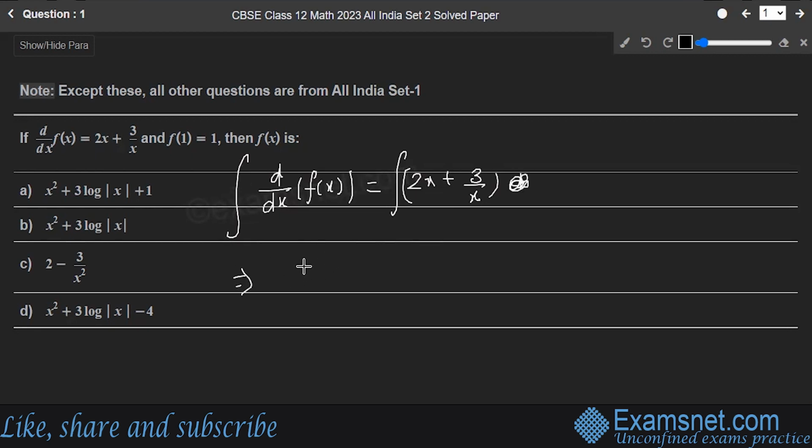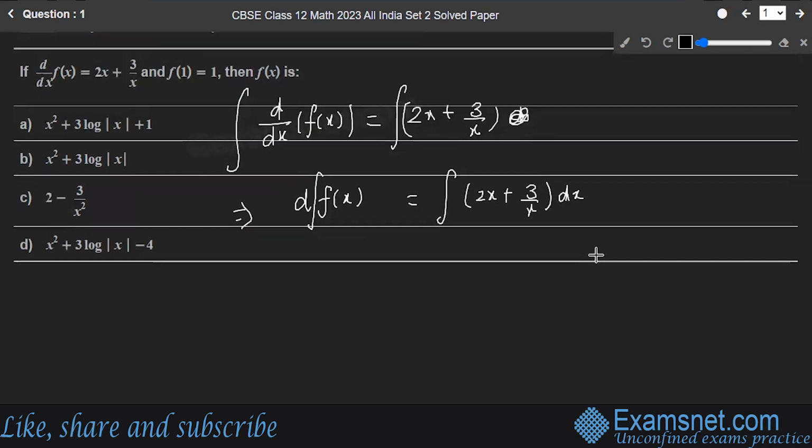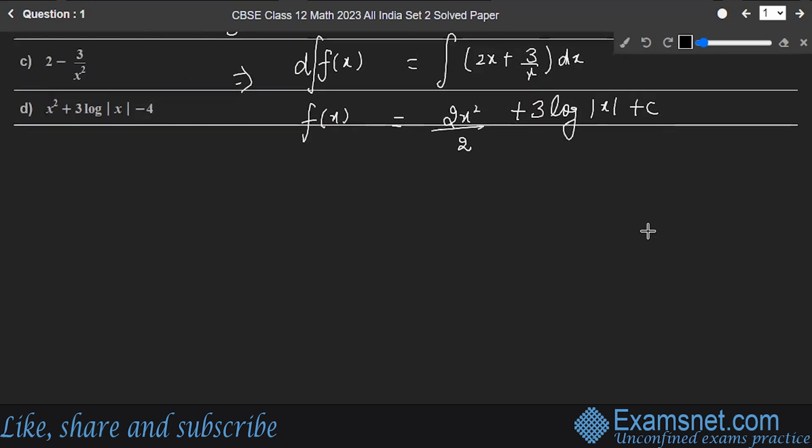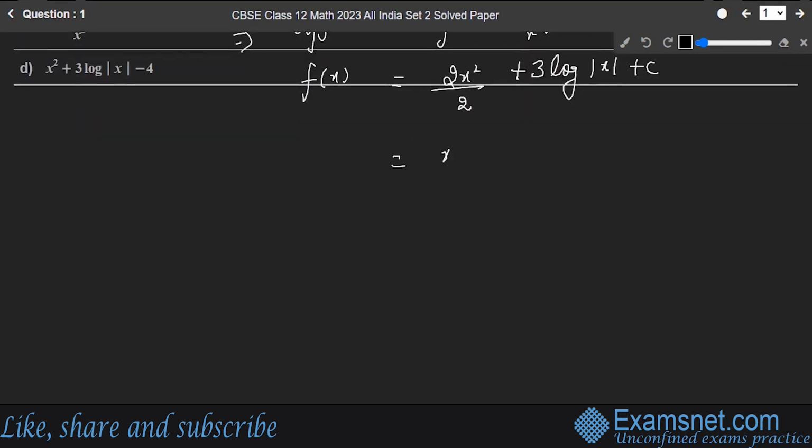So this becomes d of f(x) is equal to integral (2x plus 3) upon x dx. So f(x) is equal to 2x squared upon 2 plus 3 log of mod of x plus c. That will give you x squared plus 3 log mod of x plus c.